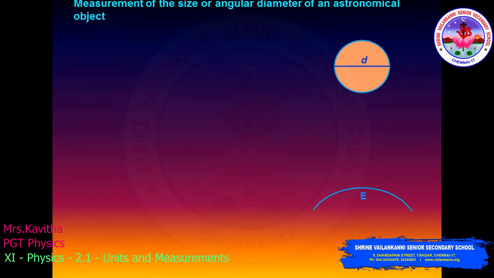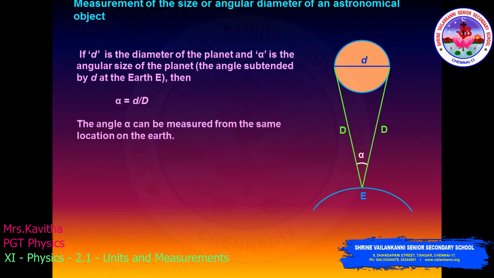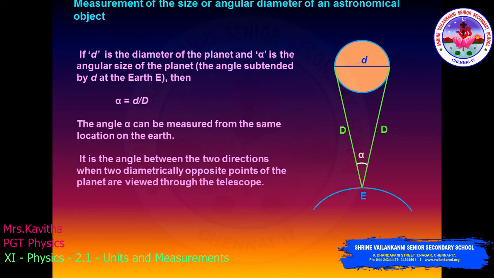See, measurement of the size or angular diameter of an astronomical object. For example, we can take it to measure the diameter of the moon or any other planet. With the help of this explanation, you can understand more about large distances, right?